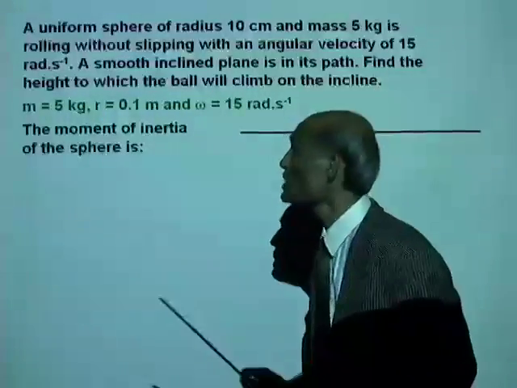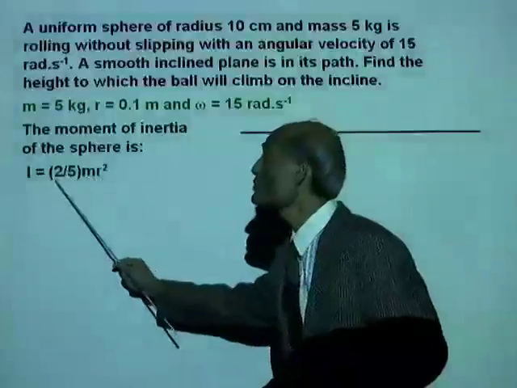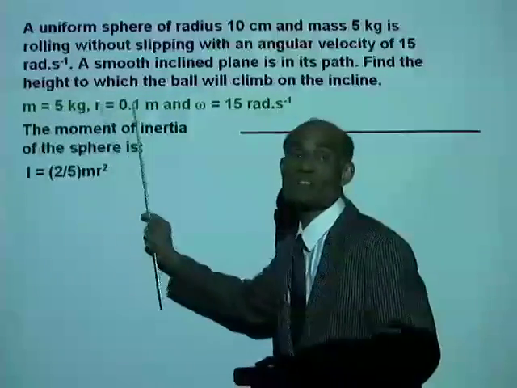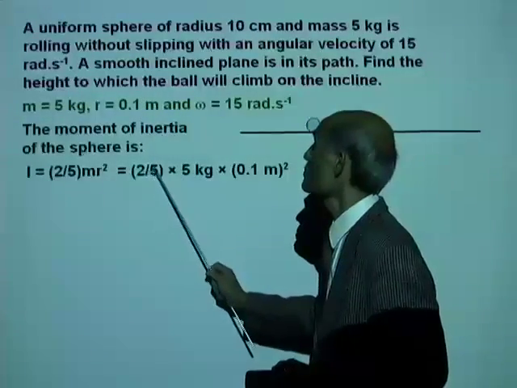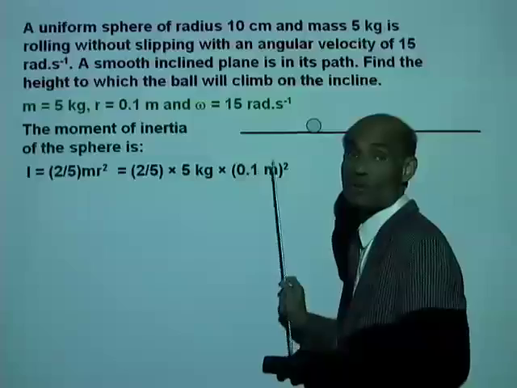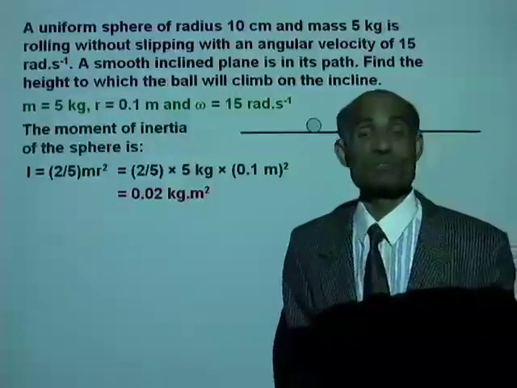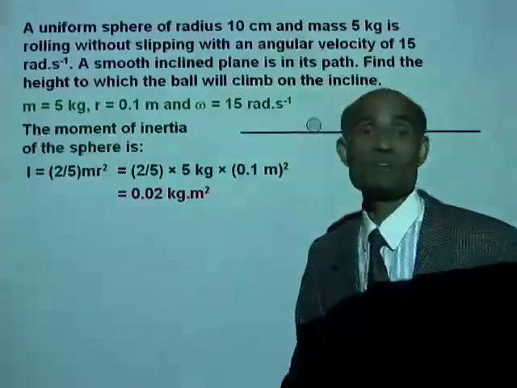The moment of inertia of the sphere, let's find the moment of inertia first, is 2/5 m r squared. We know the mass, we know the radius, so use those values, 2/5 m r squared, and that will be 0.02 kilogram meter squared is the moment of inertia.